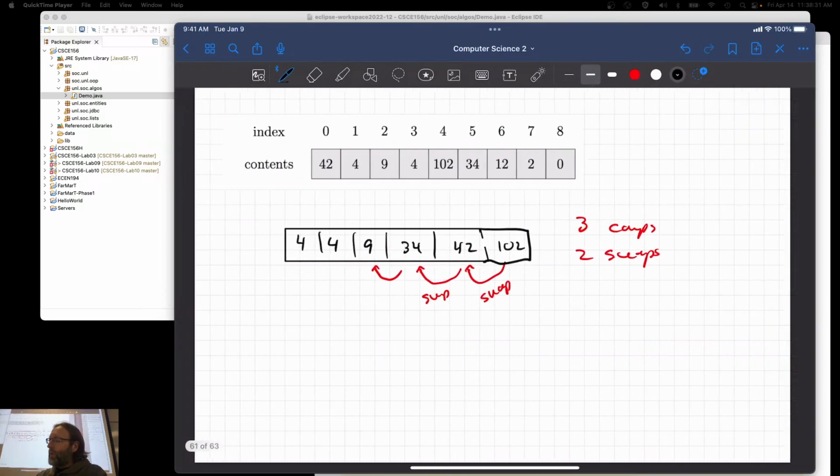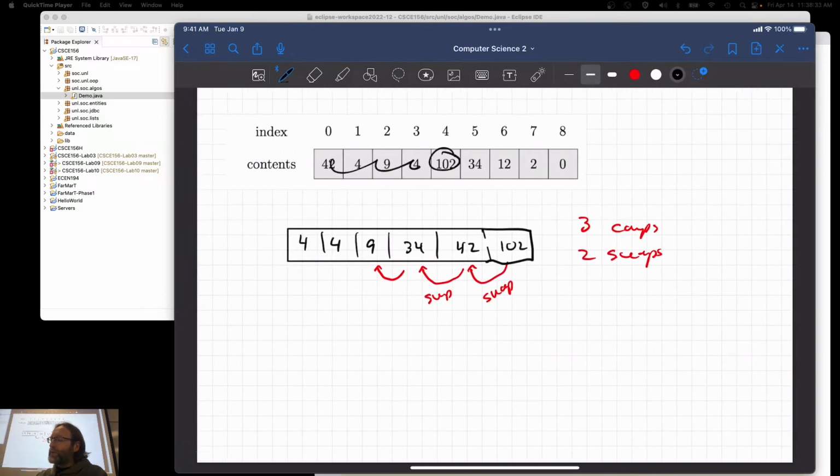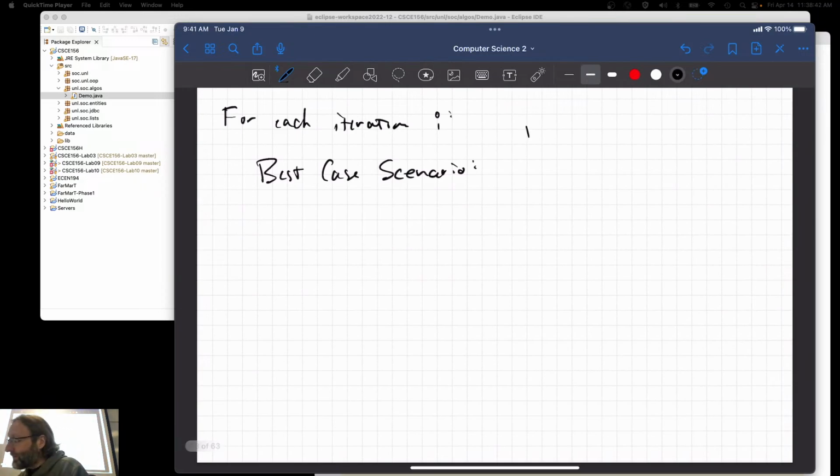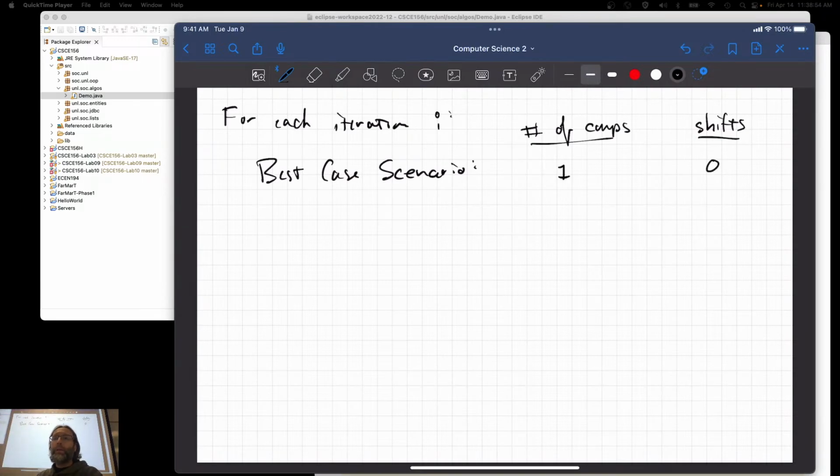For example, a sub i here. If this was all sorted already, did I need to shift it down? No, but I did need to make one comparison. So what are the number of comparisons and shifts? The number of comparisons would be 1 to see that you don't need to shift it, and therefore 0 shifts.